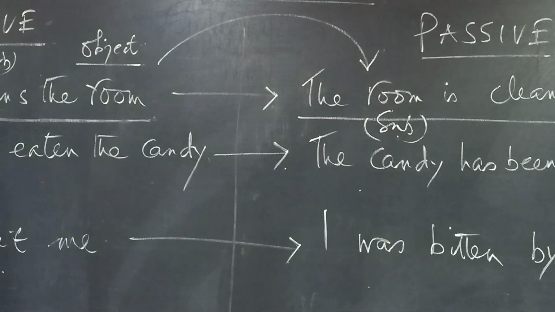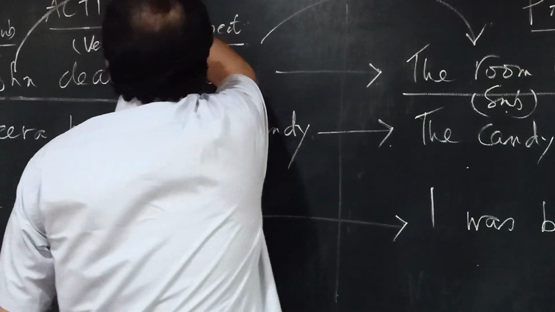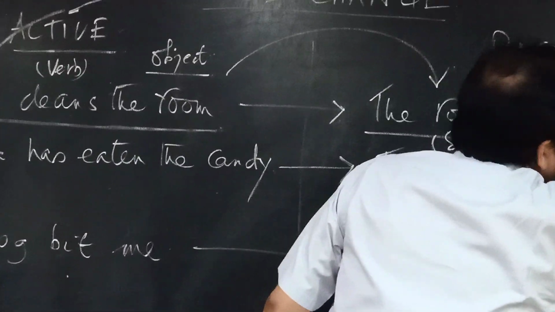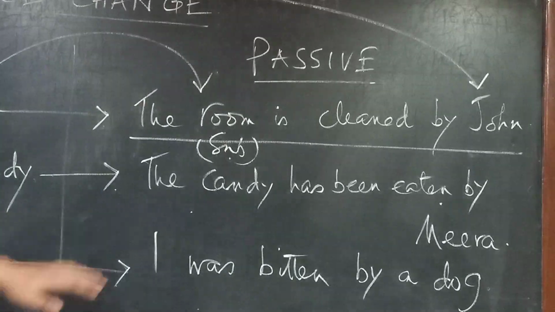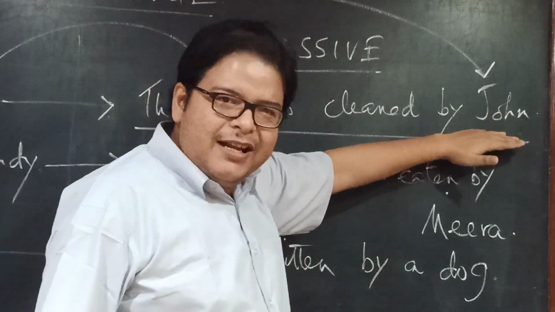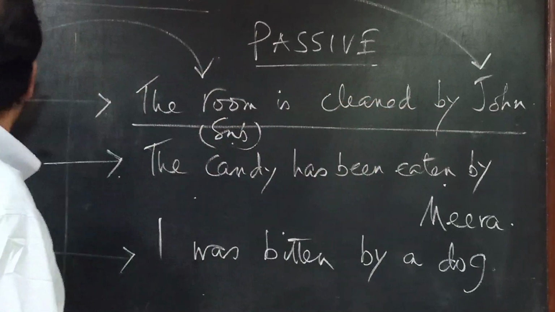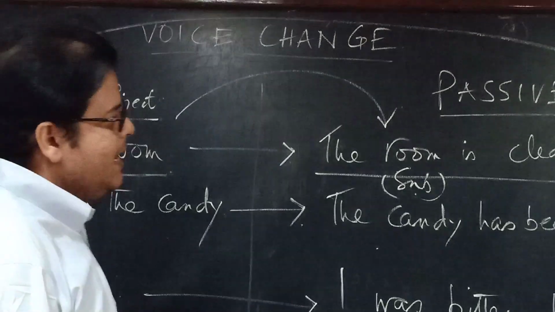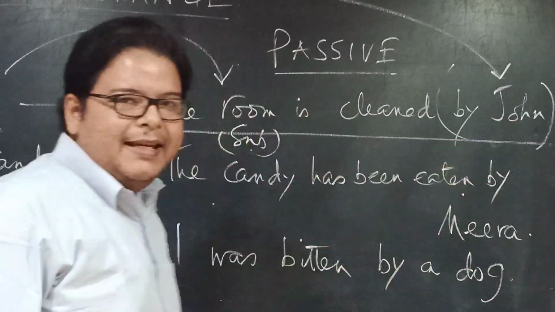And the subject here has come to the end of the sentence. This is the performer, the one who performs the action. He is less important here, so he has come to the end of the sentence.